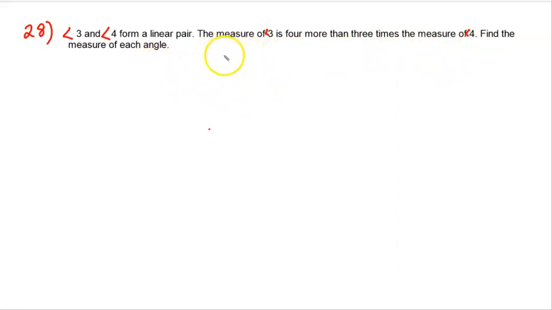So let's say I'll just let my variable x be angle 4. So angle 3 is going to be 4 more than 3 times that. In other words, 3x plus 4 is going to be the measurement of angle 3.